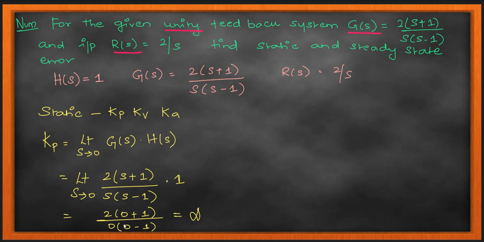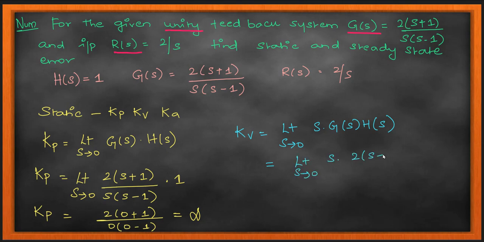Good. So that's your Kp. What happens for my Kv? My Kv will take away the S in the denominator, so I'm definitely going to see some finite value, and that finite value is going to be 2 upon (0 minus 1), so my Kv should be minus 2.